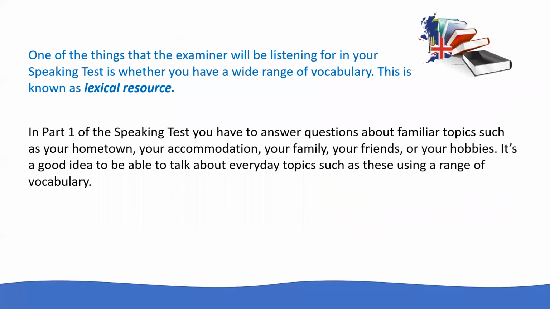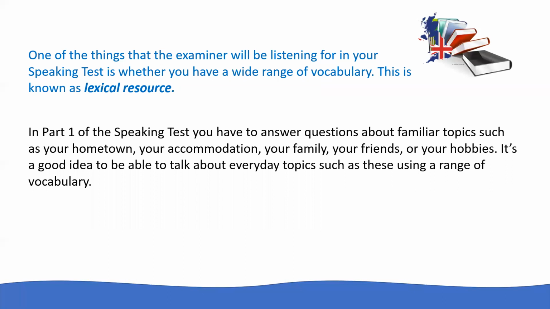Okay, so one of the things that the examiner will be listening for in your speaking test is whether you have a wide range of vocabulary. So this is known as lexical resource. In part 1 of the speaking test, you have to answer questions about familiar topics such as your hometown, your accommodation, your family, friends, and your hobbies.